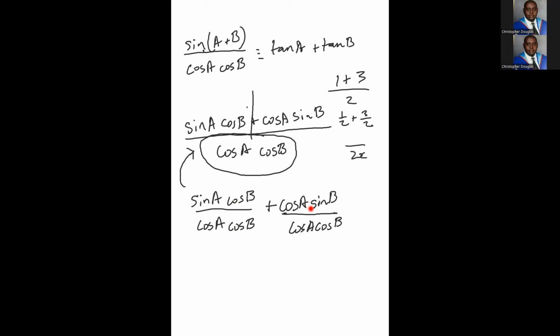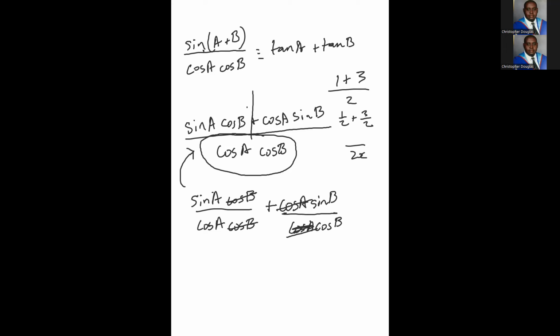And I can cancel because there's a multiplication going on between the terms. So this is a single term over a single term, so I can cancel the terms that are common. If I cancel cos B with cos B, and cos A with cos A as well, what am I going to be left with? Sine A over cos A.